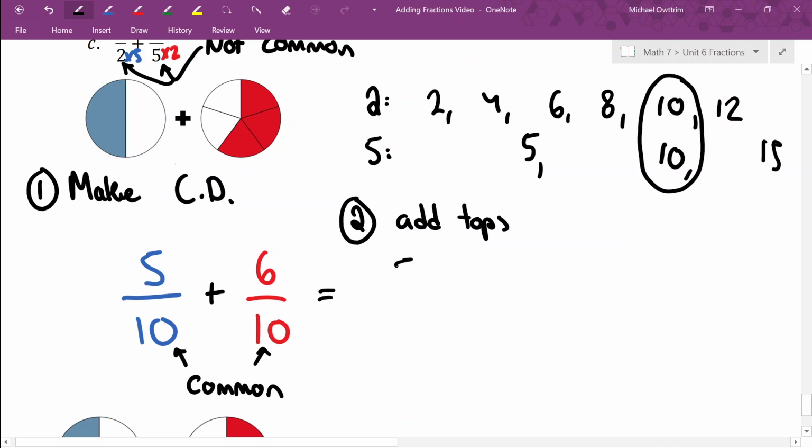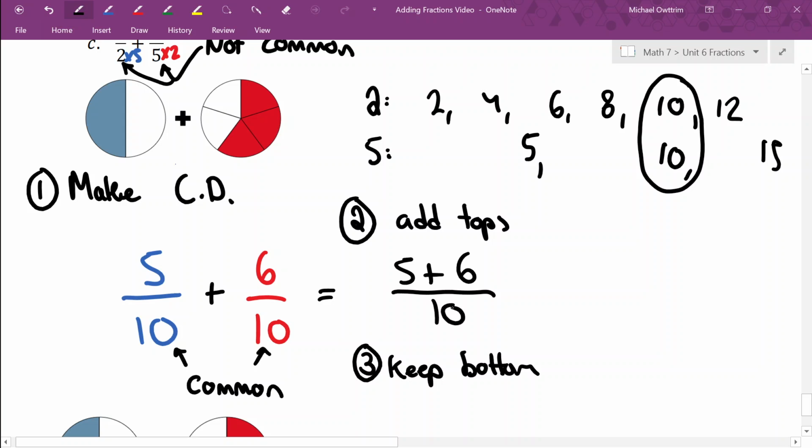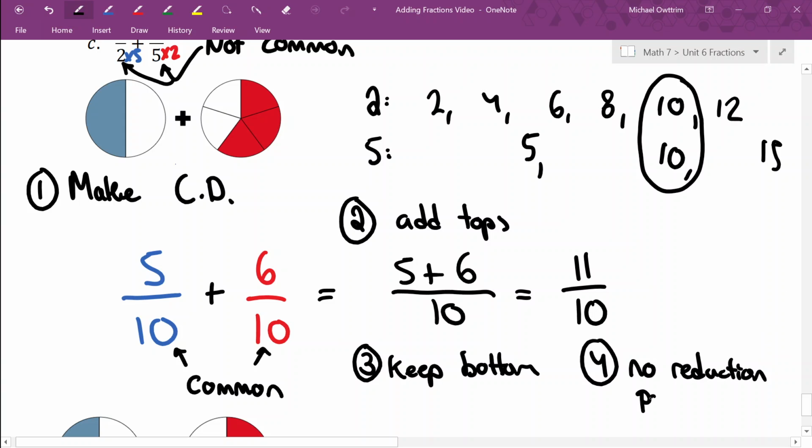Our top numbers are 5 and 6. Step 3 is to leave the bottom alone, or keep the bottom. Bottom is 10. 5 plus 6 is 11, and our bottom is 10. 11 is a prime number, so in this case there is no reduction possible. It will not divide by anything except itself.